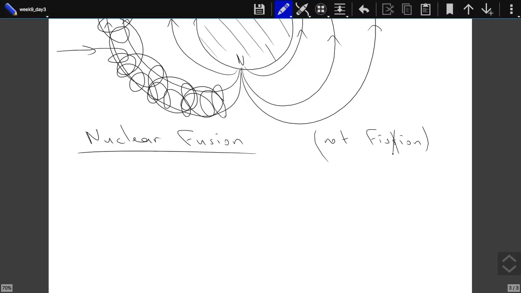When the temperature goes very high, they will be moving fast, and during this very fast motion, they will overcome this electromagnetic repulsion. They can come so close that the nuclear forces start to be more important than the electrostatic repulsion. If they come so close, they will fuse together, releasing energy. So that is where the energy of the sun comes from.